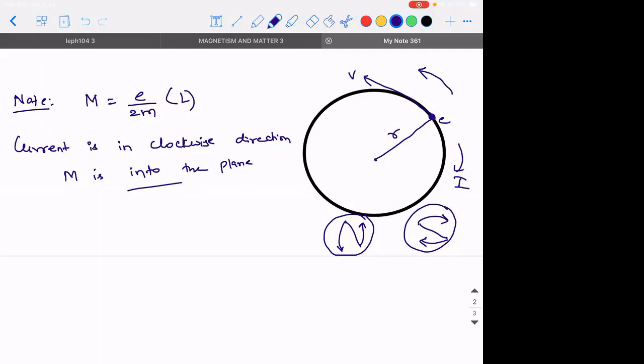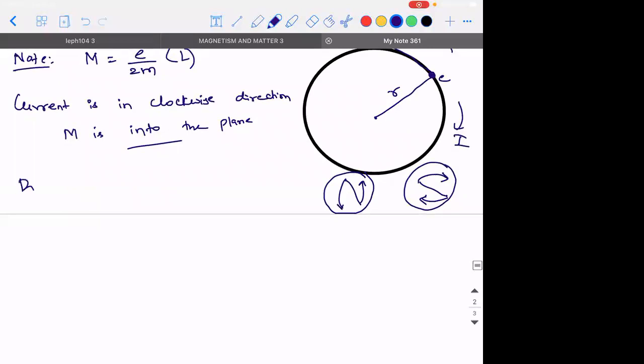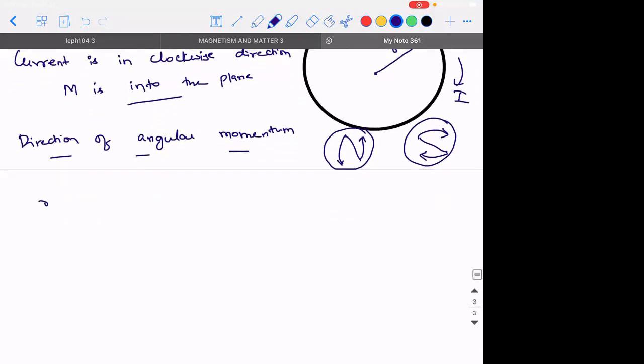Similarly, what is the direction of angular momentum? Angular momentum is given by this formula. It is given as r vector cross p vector.